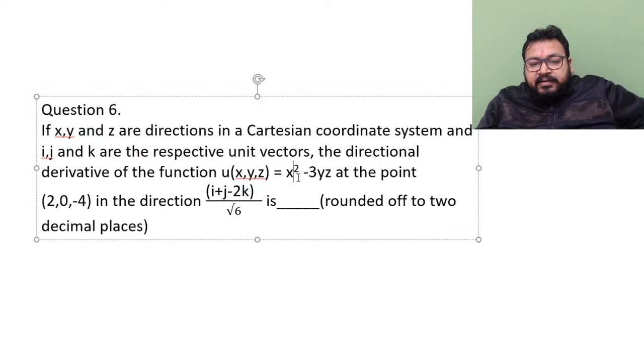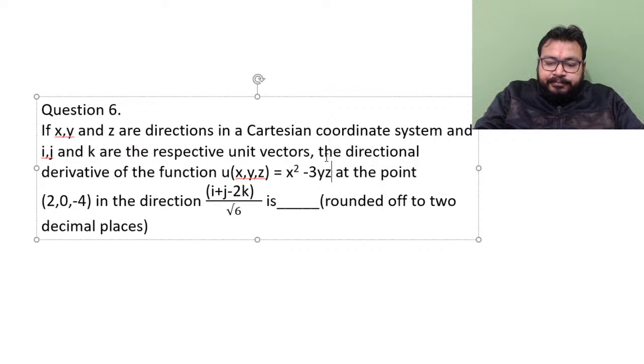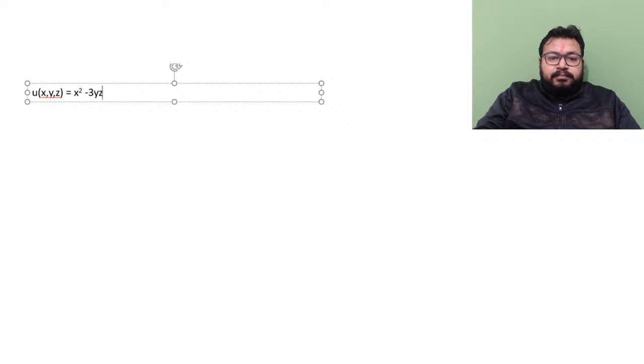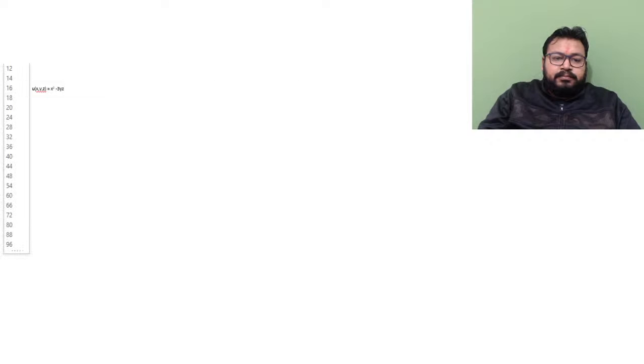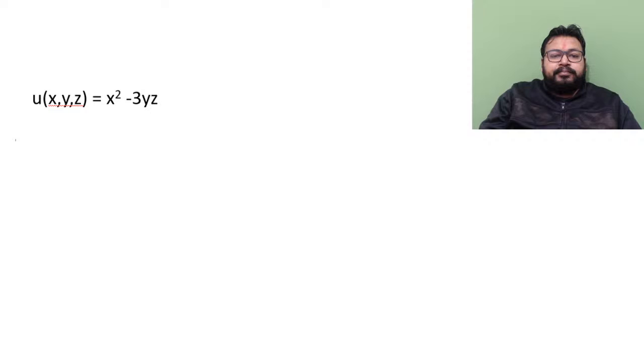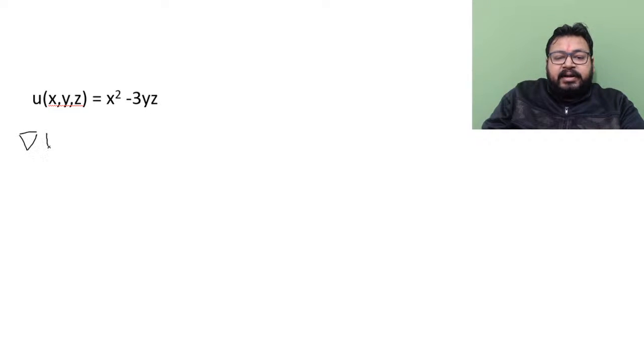So what is the given field? This one is the given field. So this is the field. Step number 1, finding out the gradient.